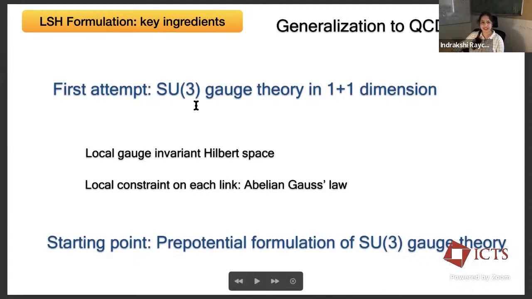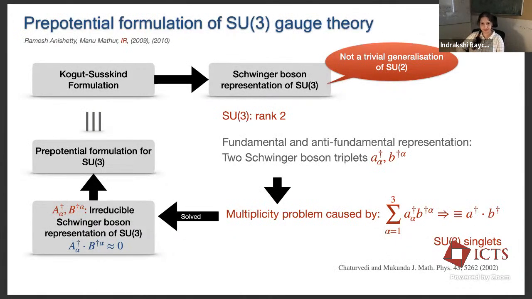Okay, so as the first attempt, I have shown the example of SU2 gauge theory in 1+1 dimension so far. What if we consider SU3 gauge theory, and what we need are the basic two ingredients of the Loop-String-Hadron formulation. The starting point of that is again the prepotential formulation for SU3 gauge theory, and it actually exists in the literature.